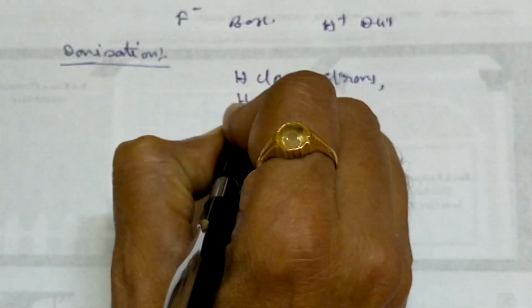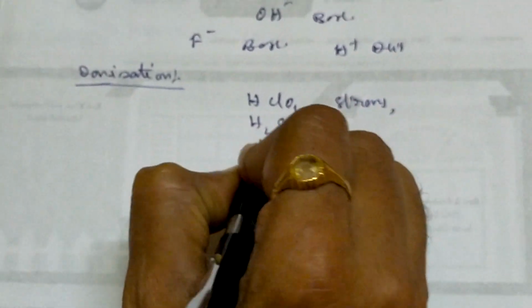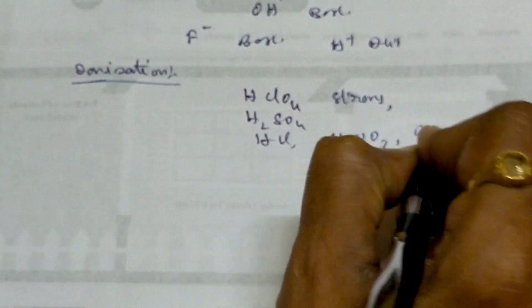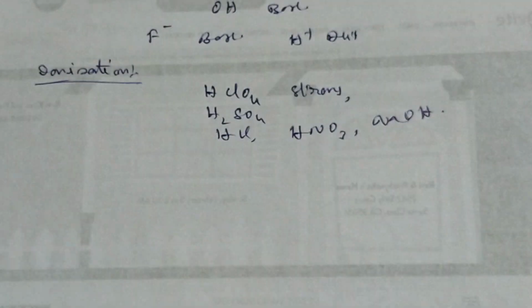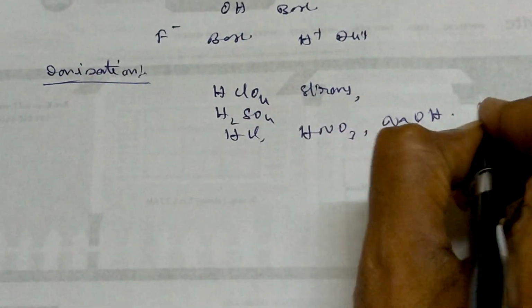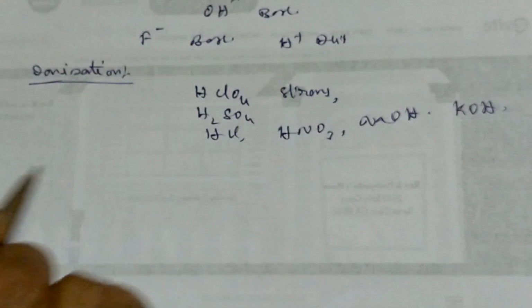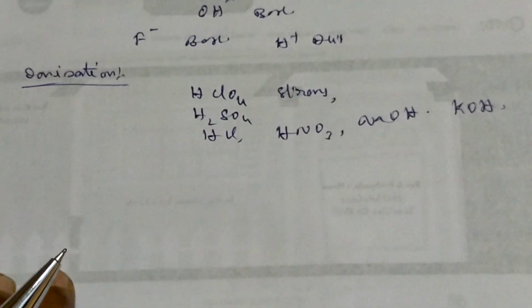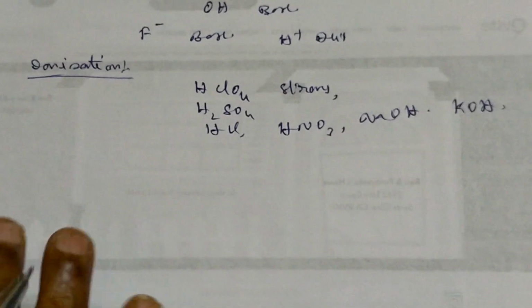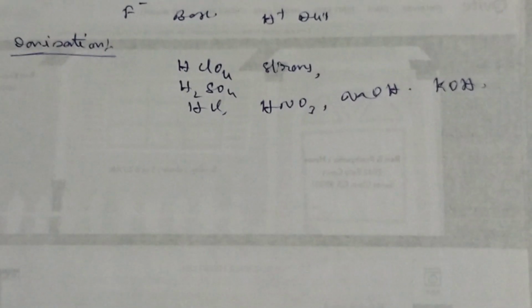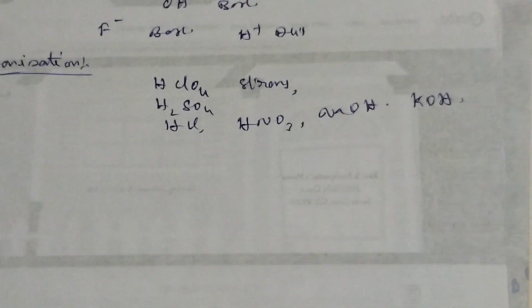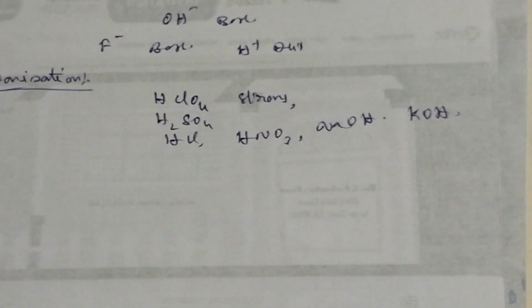HClO4, H2SO4, HCl, HNO3, NaOH, KOH, whatever it is, they are all very strong because they ionize more. Their ionization is very high.